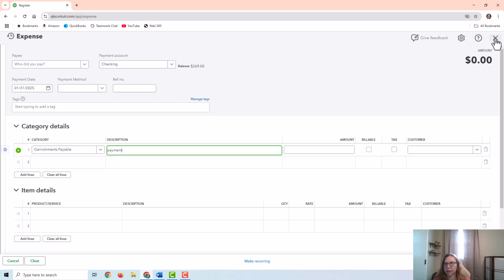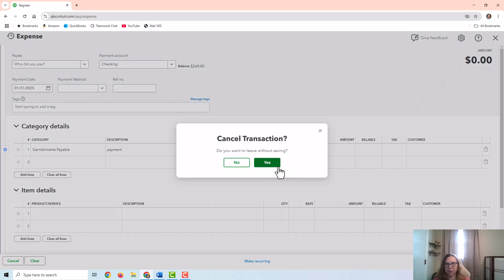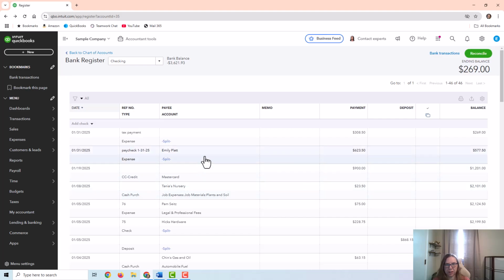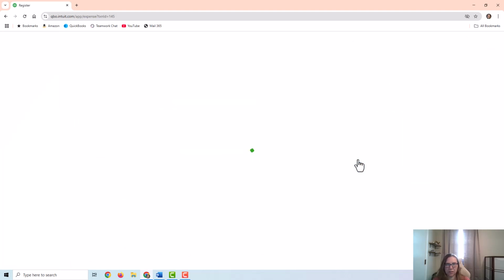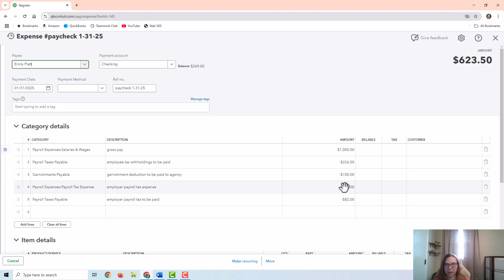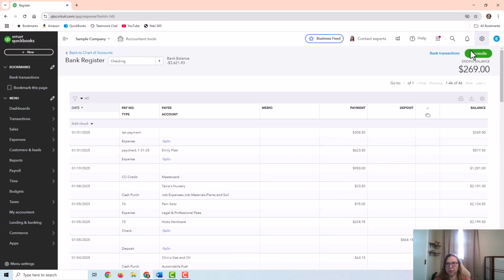Now, before I save this, let me go back into that original paycheck. So here it was a negative number to show that it was being deducted from the employee paycheck. Now I'm going to do the opposite because we're paying it.